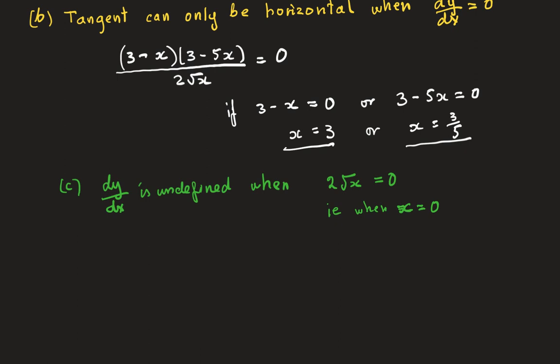But notice also that we have root x. If you have root x, that means x cannot be negative, so also when x is less than 0. So altogether, when x is less than or equal to 0, dy/dx is undefined.